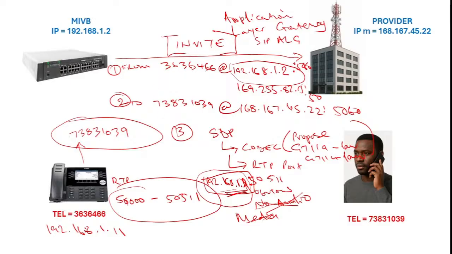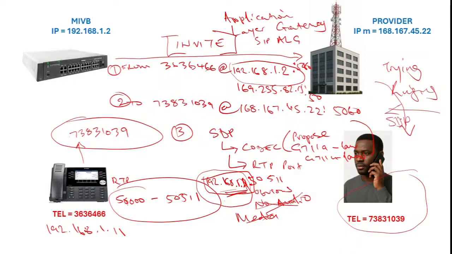So what the provider has to do next is to extend the invite to this guy here, and that's when it's going to say trying. It's going to send this message back to Mitel. It's going to say ringing, and when this guy picks up, it's going to send an SDP acknowledgement.